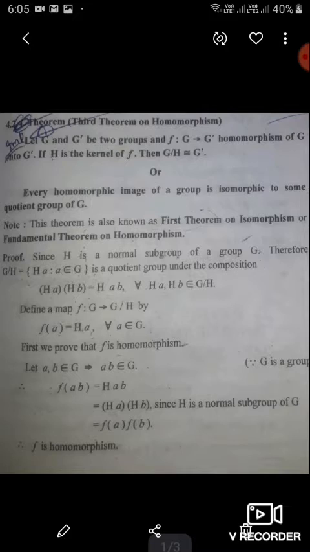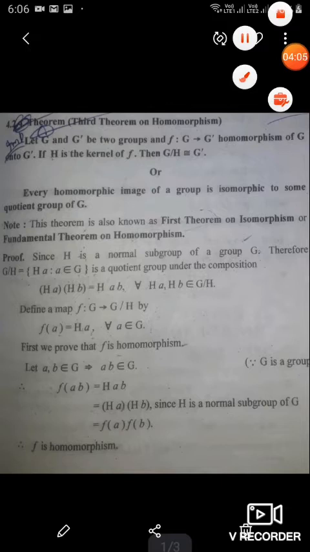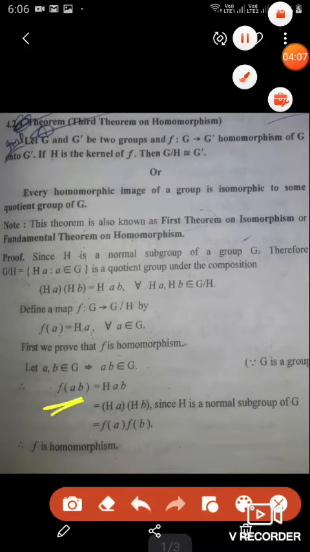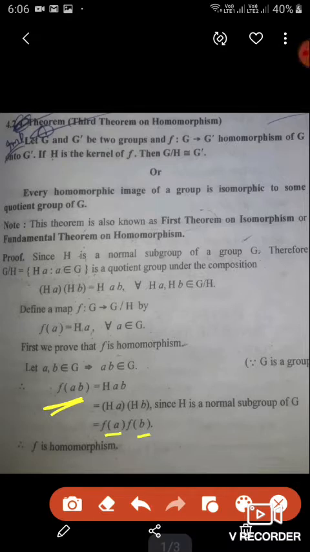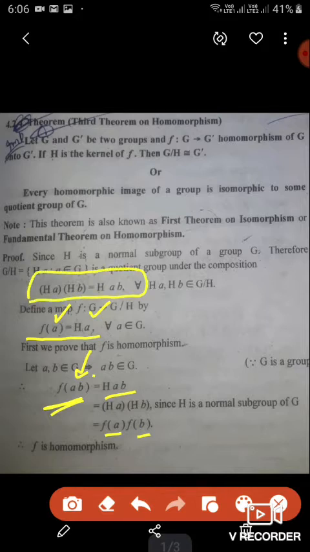Now we will prove this function is a homomorphism. Proving this function as a homomorphism, what we have to do, we have to show that f of ab is equal to f of a times f of b. Now what this function is saying, you take any element here, its image will be H times that element. So the image of ab will be H times a into b. Fine. Now we know the multiplication of cosets, how it is defined, like this.